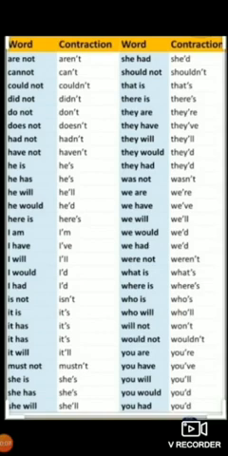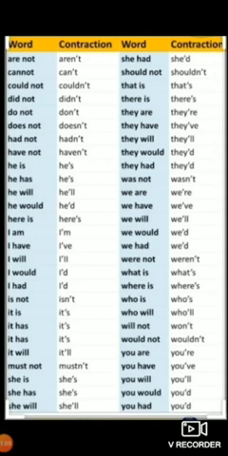Are not, cannot, could not, did not, do not, does not, had not, have not, he is, he has, he will, he would, here is, I am, I have, I will, I would, I had, is not, it is, it has, it will, must not, she is, she has, she will, she had, should not, that is, there is, they are, they have, they will, they would, they had, was not, we are, we have, we will, we would, we had, were not, what is, where is, who will, will not, would not, you are, you have, you will, you would, you had.